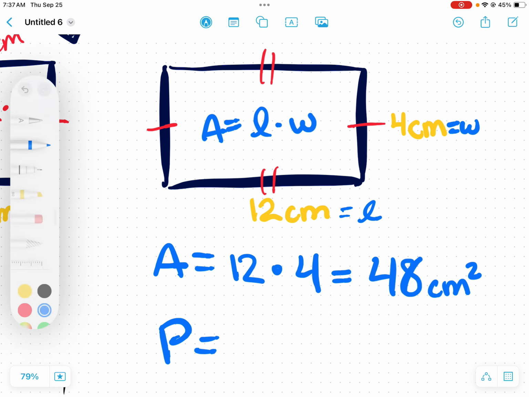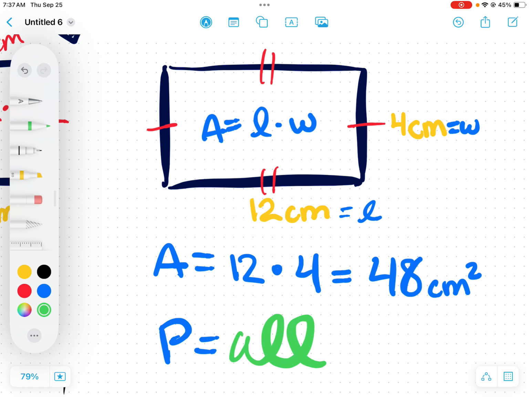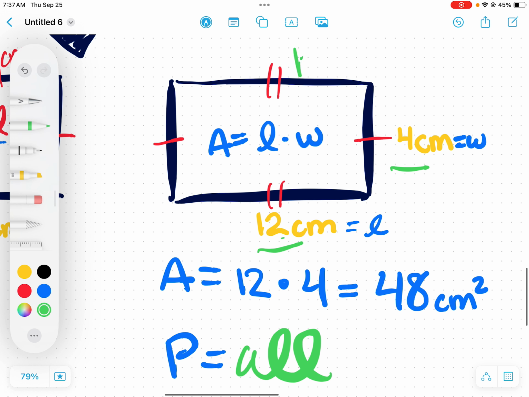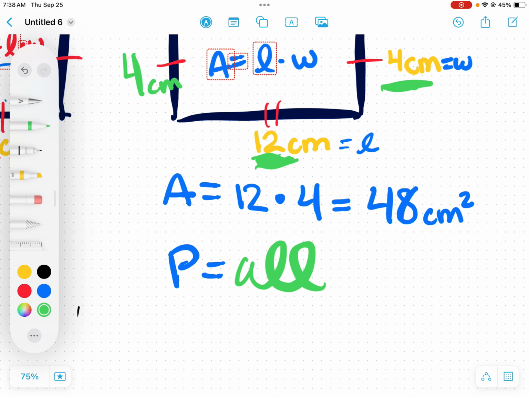Perimeter is adding all sides together. And how many sides does a rectangle have? 4. So we don't just need to add 12 plus 4. We need to make sure we add the top and the right side as well. The top is 12 because the bottom is 12. And the left side is going to be 4 because the right side is 4. Now add all of them together. So we have 12 plus 12 plus 4 plus 4.